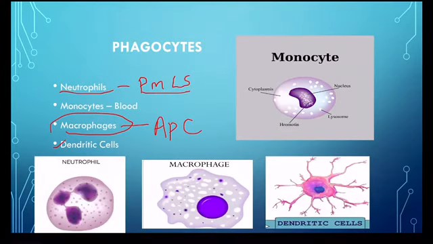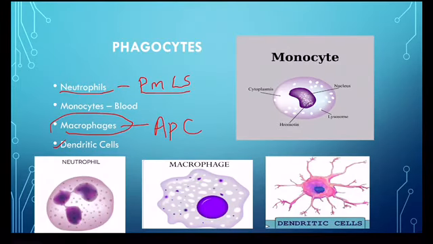The major function of these dendritic cells is antigen capturing and antigen processing. These cells capture the antigen at one location and present it at another location by means of three ways. One is phagocytosis, the second is pinocytosis, which means engulfing fluid or liquid, and the third is receptor mediated endocytosis.